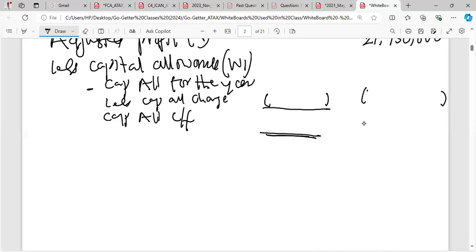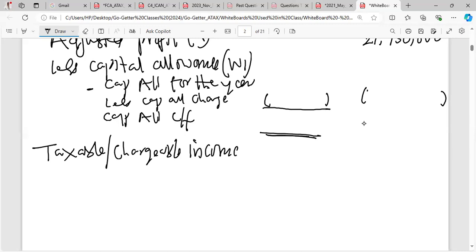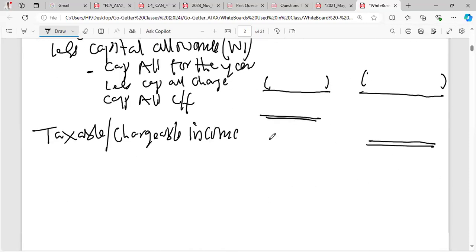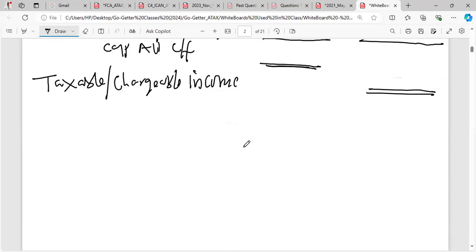The next one will be taxable or chargeable income. When we minus this one, whatever we get here is our taxable income. What are we asked to find? Tax liability. Then we'll come here and say tax liability.